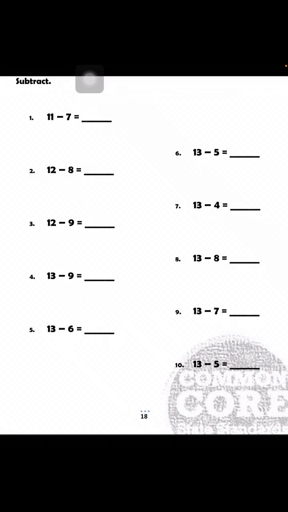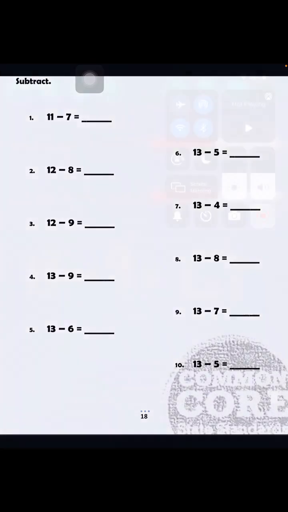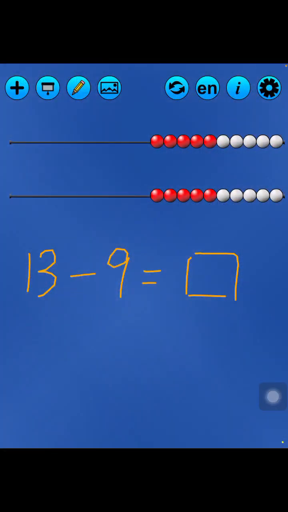And now we are on page 18. In this page, we also do some subtraction questions, and we also use the abacus to help us find the answer. Okay, we'll look at question 4. 13 minus 9. Okay, what should we do?